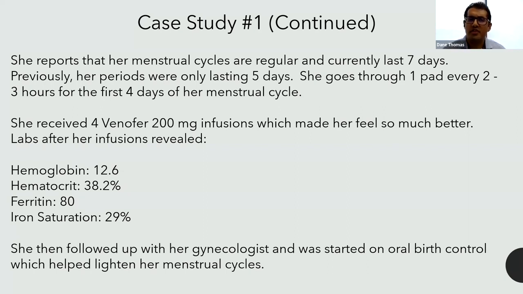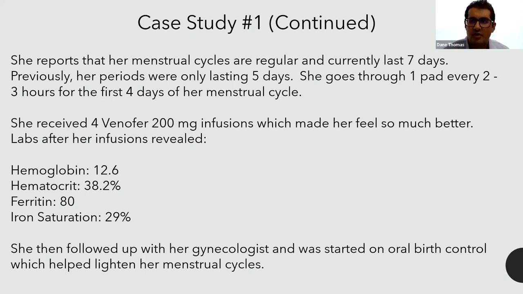So let's go back to that first case study. She reports that her menstrual cycles are regular and currently last 7 days. Previously, her periods were only lasting 5 days. She goes through 1 pad every 2 to 3 hours for the first 4 days of her menstrual cycle. She received 4 Venofer 200 milligram iron infusions, which made her feel so much better.